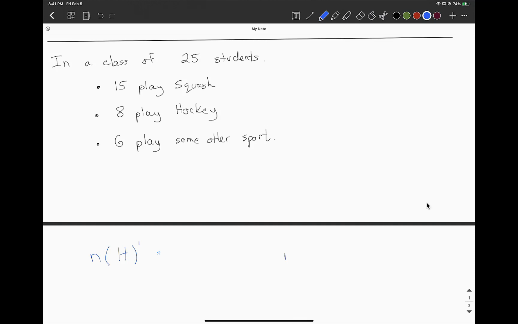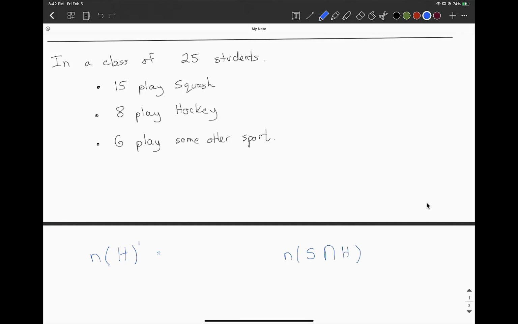Or how many people play squash and hockey? Now, these are good questions. And if you don't know kind of where to start, it can get kind of frustrating. It can get kind of tricky.